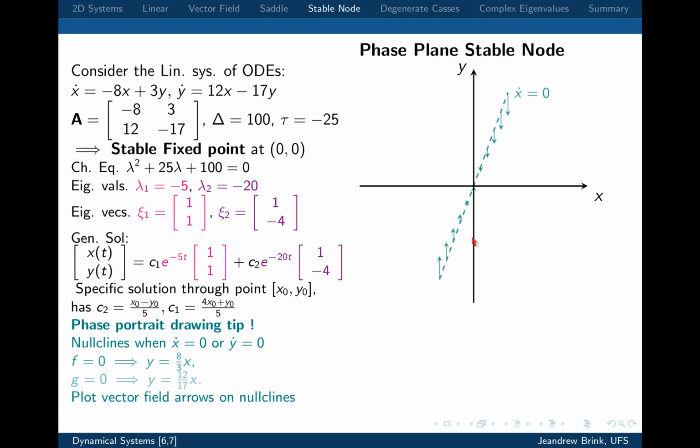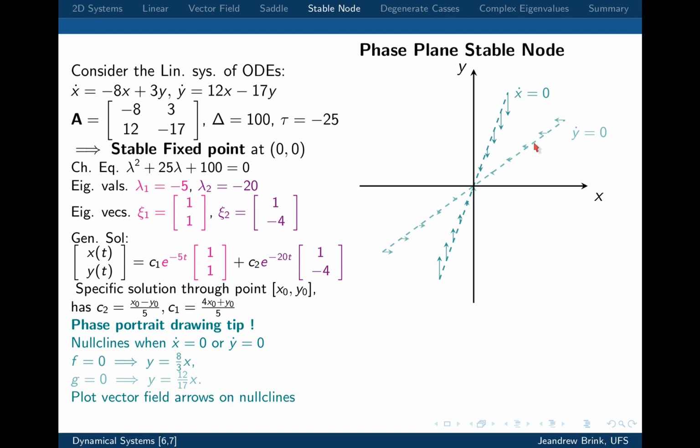And then the same thing with the other null line, where y dot is equal to 0. I draw in that line, and I know all the arrows are pointing either in the positive x or the negative x direction, and I just pick a point on y dot equals 0 and draw in the arrow there.